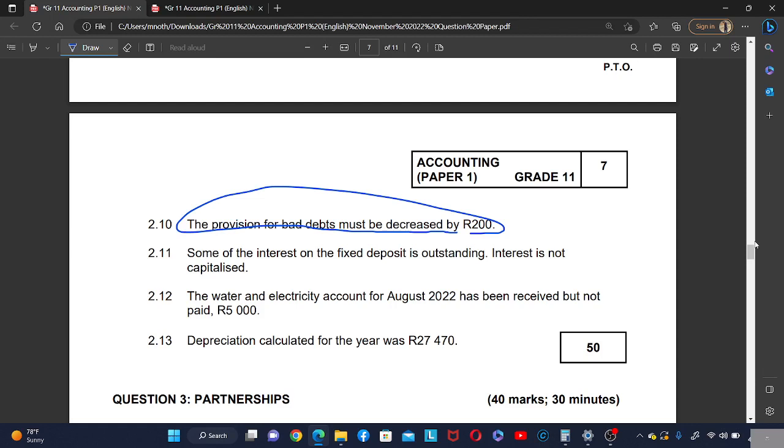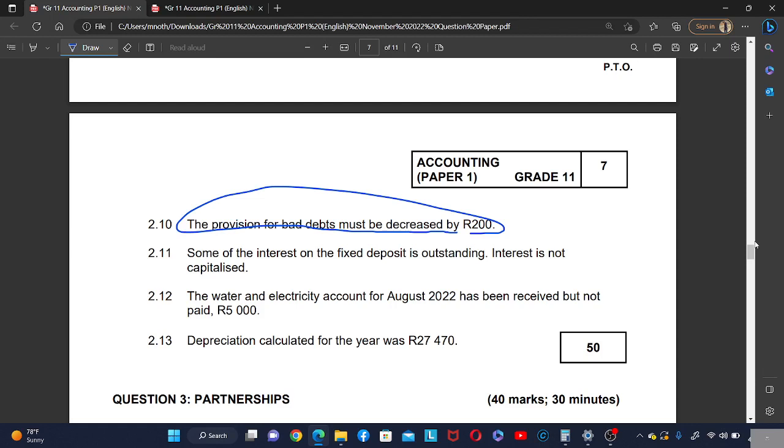If the provision for bad debt increased, so meaning that the one on the adjustment is bigger than the one on the trial balance, that difference we regard as an expense. Now, if the provision for bad debt decreased, then that difference we regard as an income.